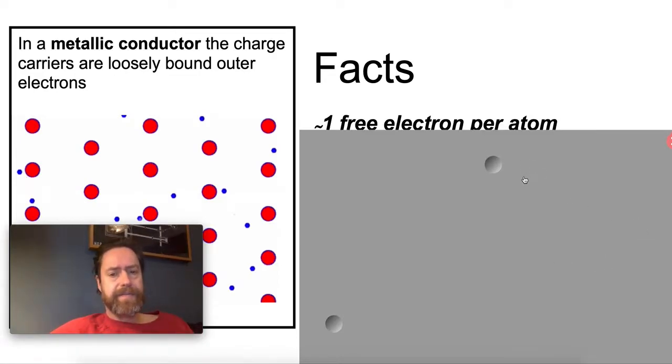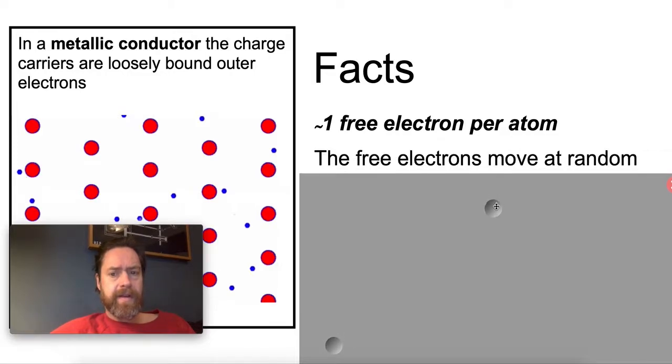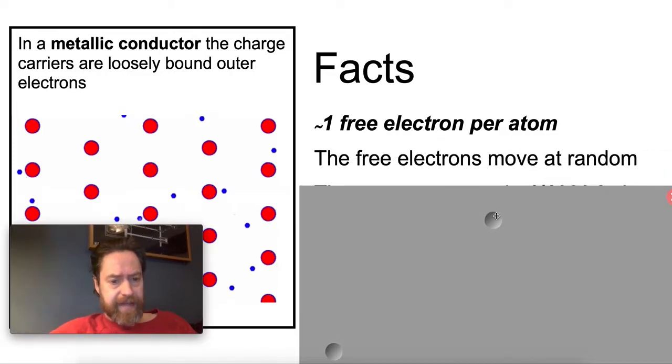Well, on average, there's about one free electron per atom. It's not always true, but we're going to make that assumption right now. The next thing is that these free electrons are moving at random. So in this diagram here, this one might be moving this way, this one might be moving this way, all over the place.